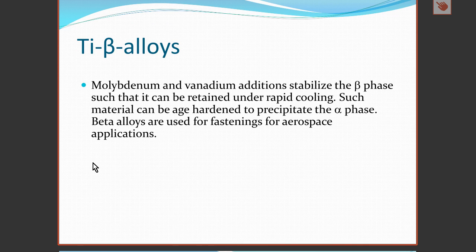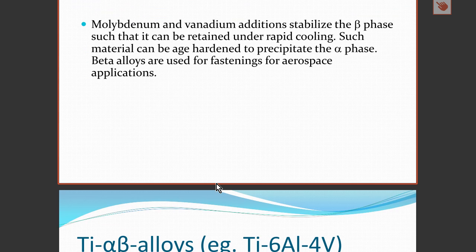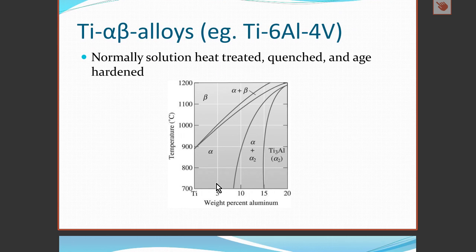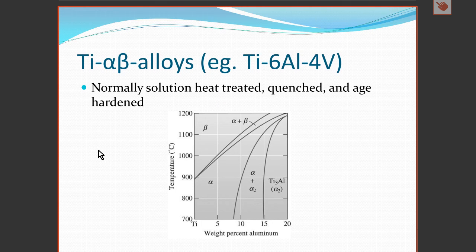Titanium beta alloys are such where the beta phase is stabilized down to room temperature by the addition of molybdenum and vanadium. And such material can actually be age hardened to precipitate the alpha phase. Alpha beta alloys are very commonly found and sometimes called the workhorse of the aviation industry. So here we have a mixture of alpha and beta phases.